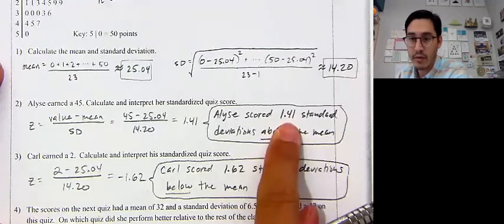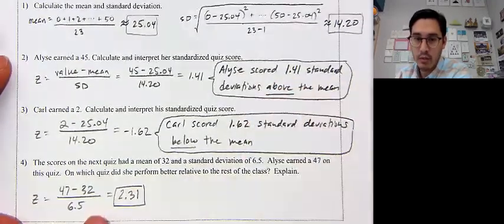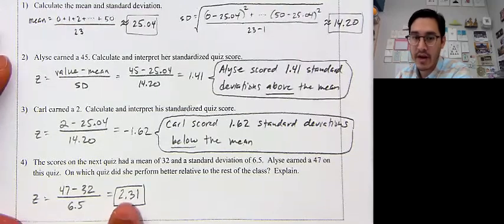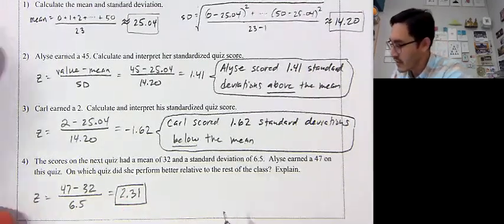Okay. And on the other quiz, she was only 1.4 standard deviations above the mean. Okay. So we would have to conclude now that her performance is better on this quiz because she was higher above the mean, further away in the positive direction above the mean. Okay. All right.